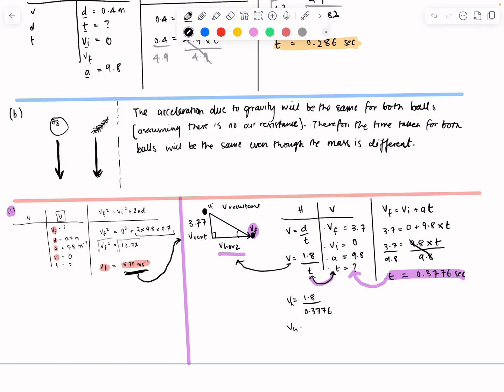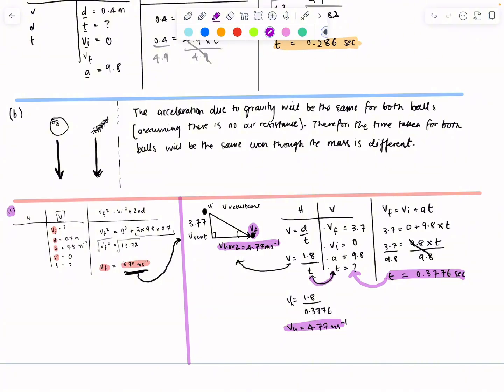And I know that my horizontal velocity is going to be 4.77 meters per second. Okay, so my horizontal velocity, okay, is going to be, let me write it in here, V horizontal equals 4.77 meters per second. Okay, let me highlight that.